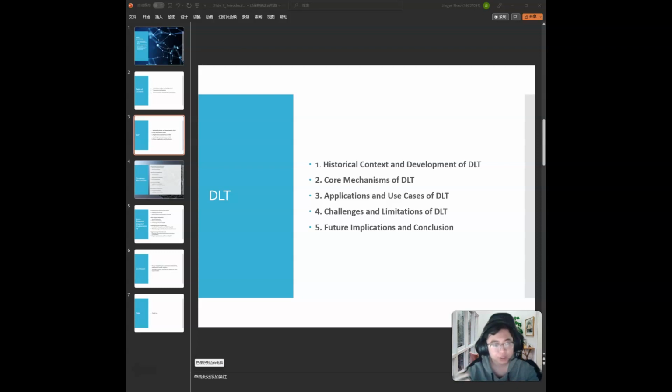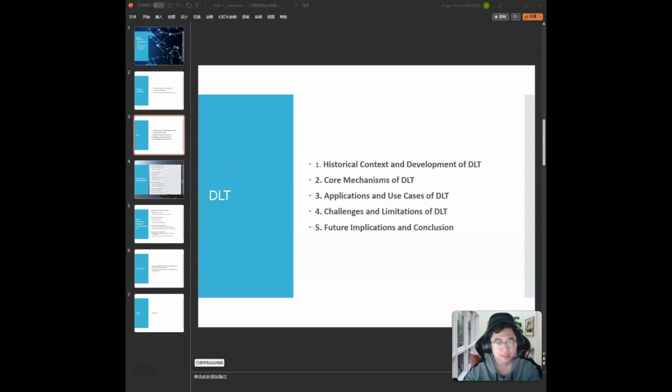Also, there are some challenges and limitations of DLT. Despite its prowess, DLT faces challenges like scalability and widespread adoption. Scalability concerns arise particularly in transaction throughput and energy efficiency when compared to centralized alternatives.